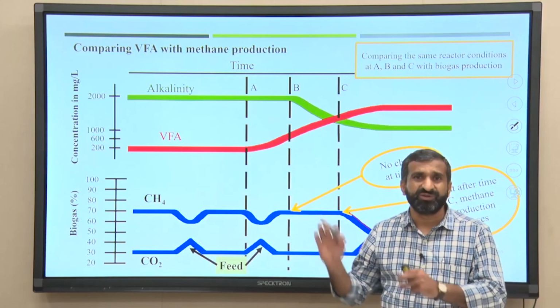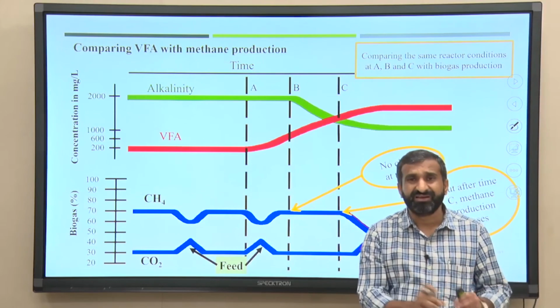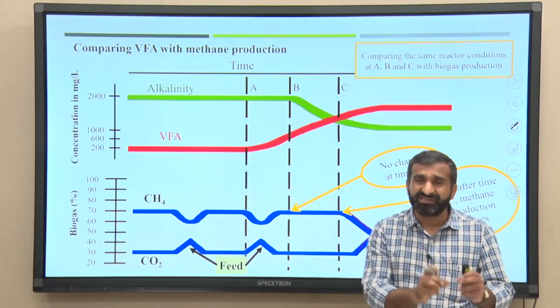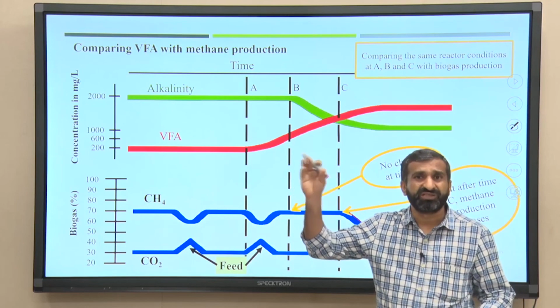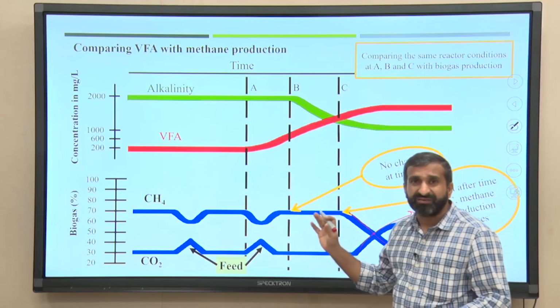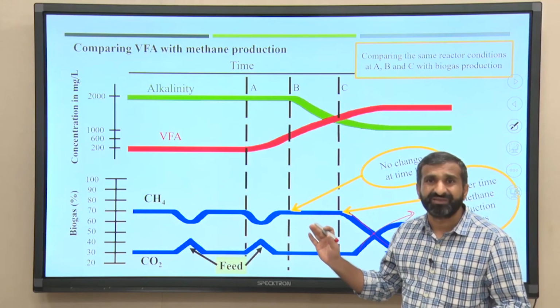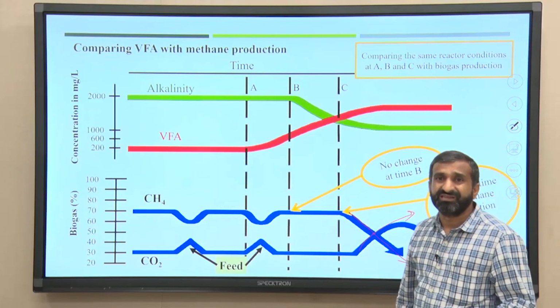Suppose you are not able to do the alkalinity, at least try to get the total VFA analyzed and see that the concentration does not increase up to 2000 or 3000 milligram per liter, because not only will it hamper the pH of the reactor, it will also affect the methane production in the reactor.